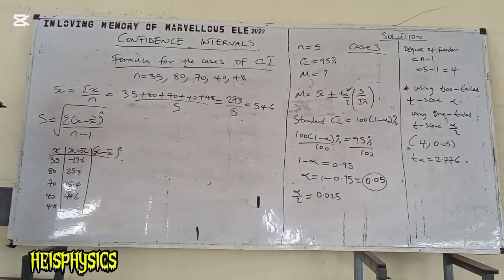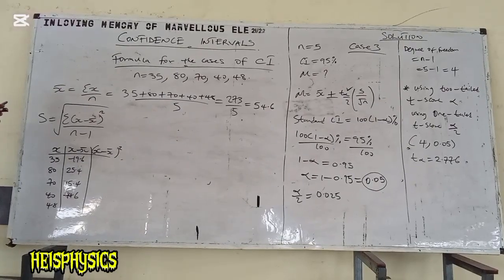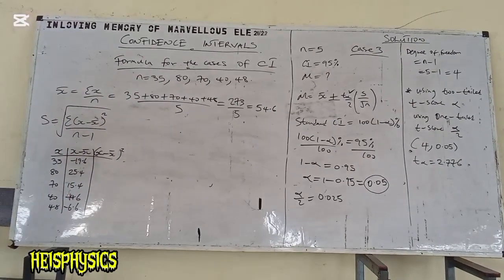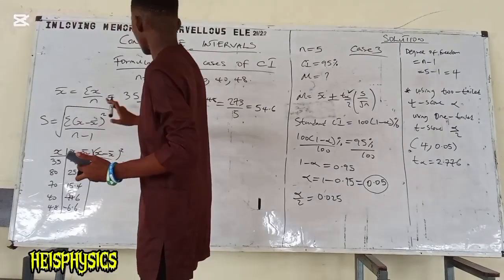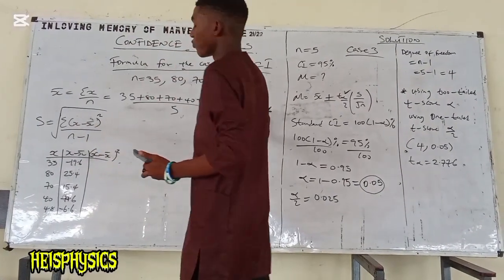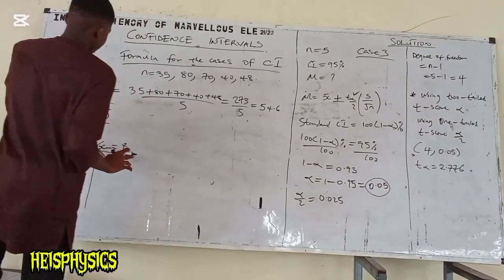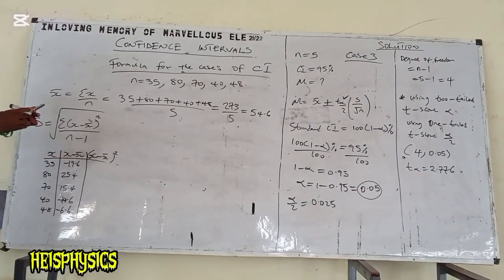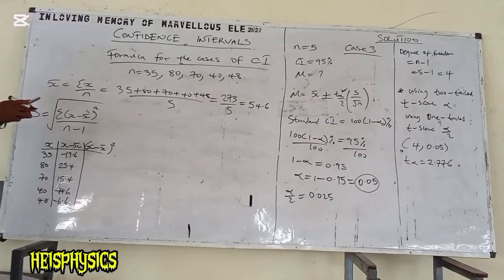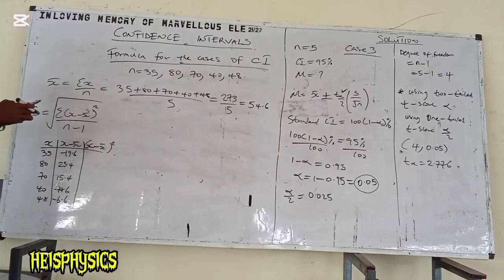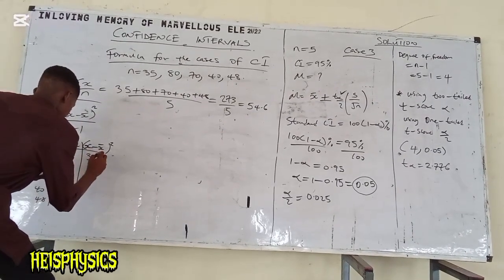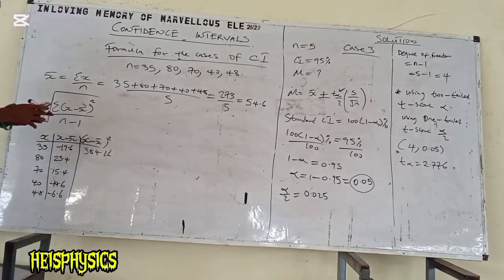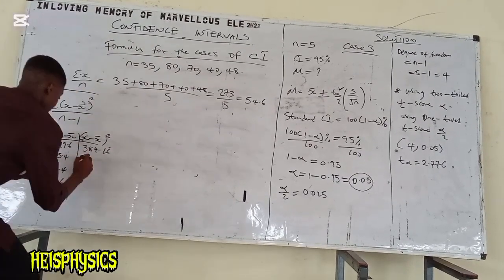And finally 48 minus 54.6 is minus 6.6. So this is the x minus x bar, which is your data minus your mean, 54.6. Now, x minus x bar squared. Square of 19.6 is 384.16. Square of 25.4, and so on, squaring these values.